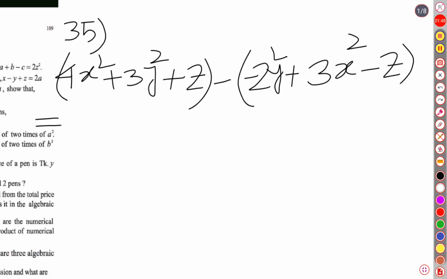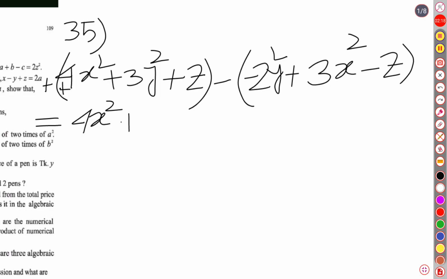While removing the bracket, we must not forget about the symbol outside the bracket and the symbol in front of the quantity. Let's talk about 4. In front of 4, there is an invisible plus symbol, and outside the bracket also there is an invisible plus symbol. As the symbols are same, it will be plus, and at the beginning we can leave the symbol invisible. So 4x squared.